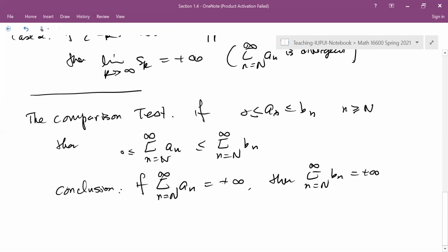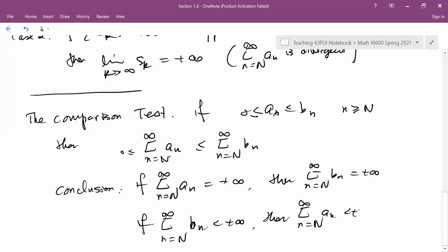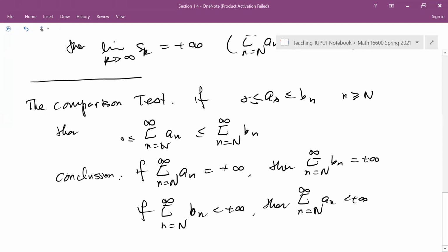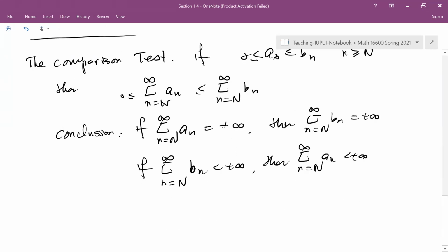Some number is greater than or equal to infinity, then of course it's infinity. If the series on the right-hand side is finite, then that forces the one on the left-hand side to be finite too, because it's less than or equal to a finite number. And this is a pretty useful result.